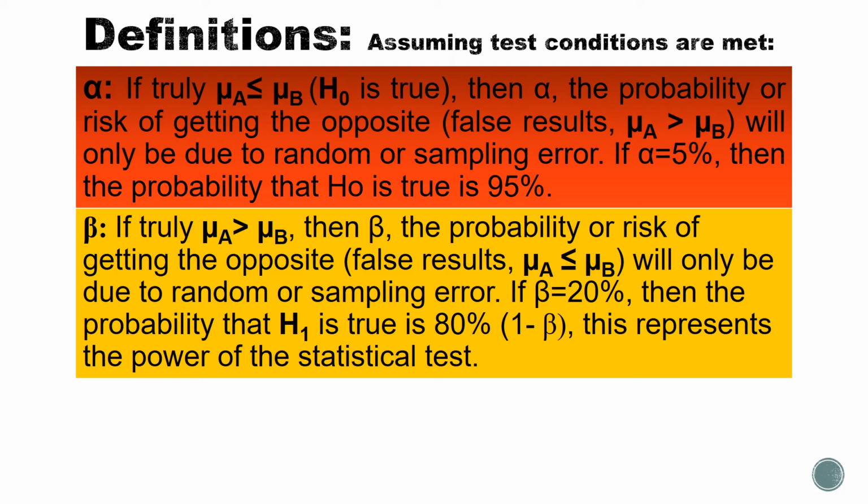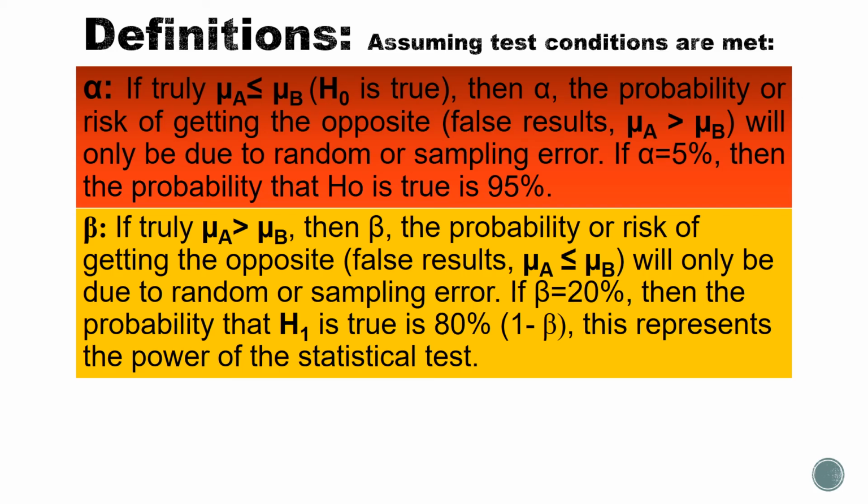Now, what it means is that beta, which is usually fixed at 20% conventionally, then the probability that the alternative hypothesis is true would be what? 1 minus the probability that the alternative hypothesis will not be true. And that's 80%. In other words, 80% conventionally is always what?